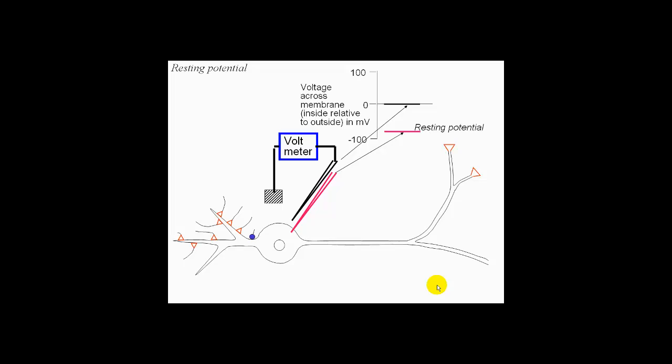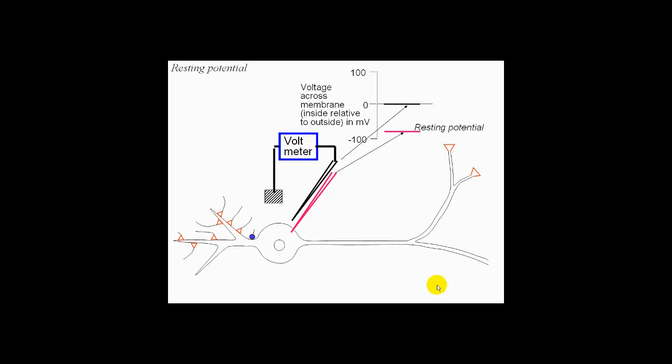But if you now push this, if you measure the voltage on the scale, a positive voltage, a negative voltage, this is 0. If now you poke this electrode through the cell membrane, so it's on the inside of the cell, but this other electrode is still outside the cell, so you're now measuring the voltage between the inside of the cell and the outside of the cell, you do get a voltage. And that's a voltage that is inside negative.